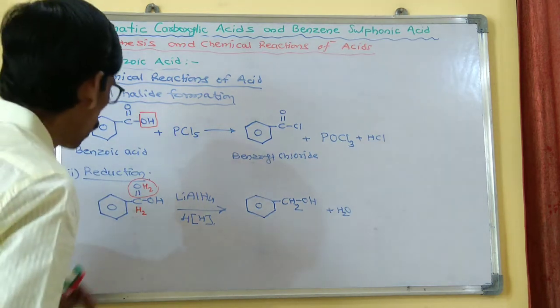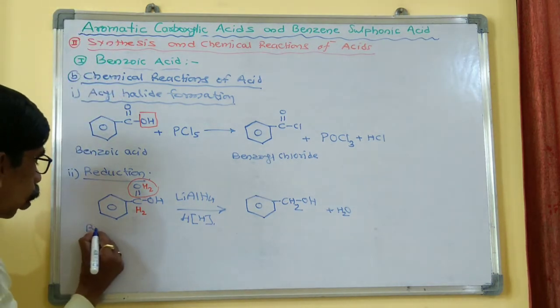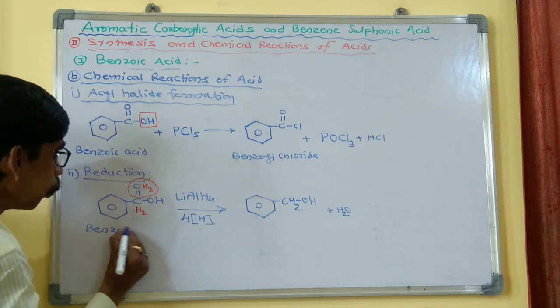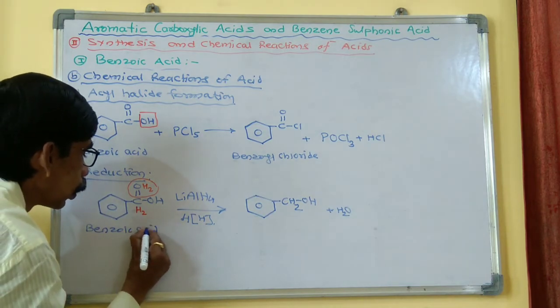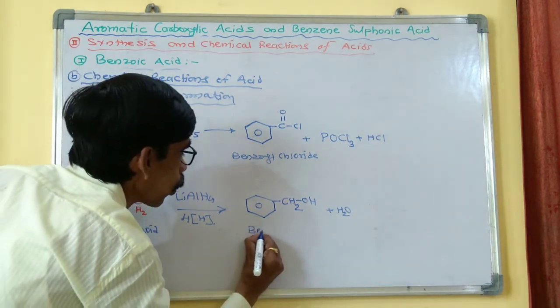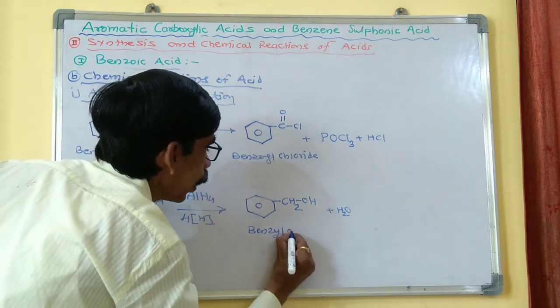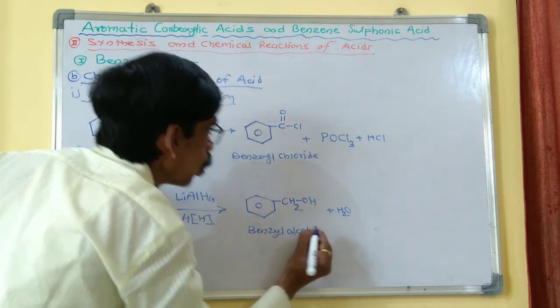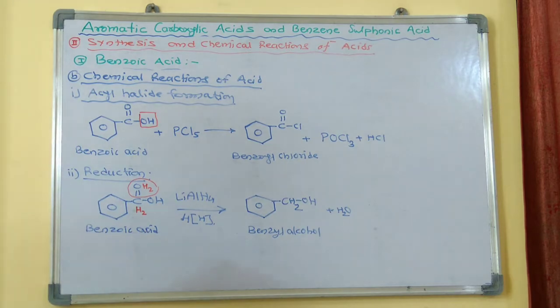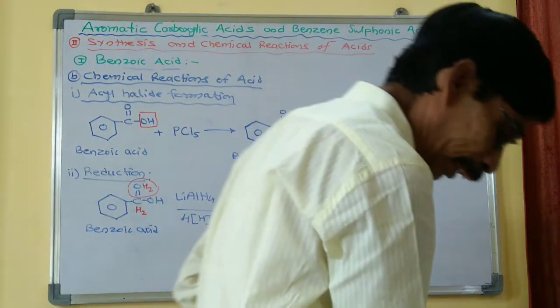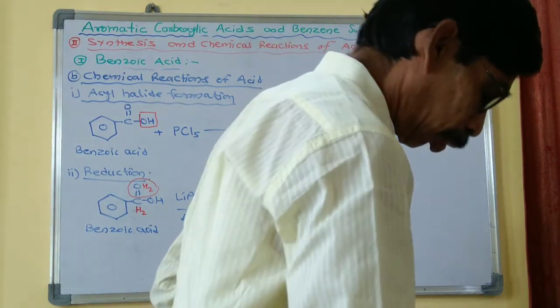Four hydrogens are required for conversion of benzoic acid to benzyl alcohol. So this is the second reaction, conversion of benzoic acid to benzyl alcohol.